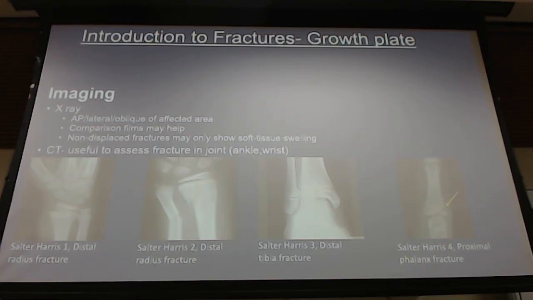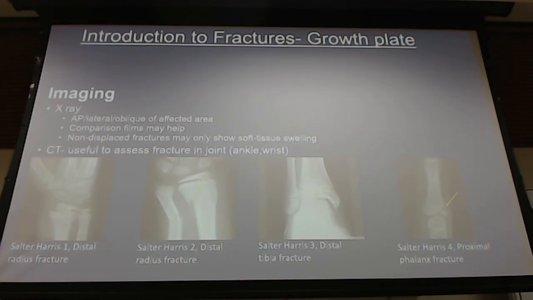Any questions about this? Another point that I'd like to make here is that, and we talked about this earlier, if you're not sure about what you're looking at, right, take a look at the contralateral side. We talk about different studies of choice for various conditions, right?